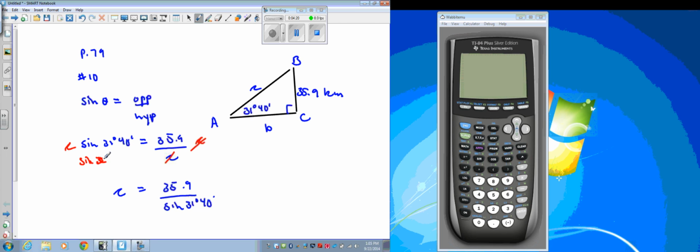And this sine of 31 degrees, 40 minutes is just a number, and that's what I get, this value right here. Then I'm just ready to go use my calculator.